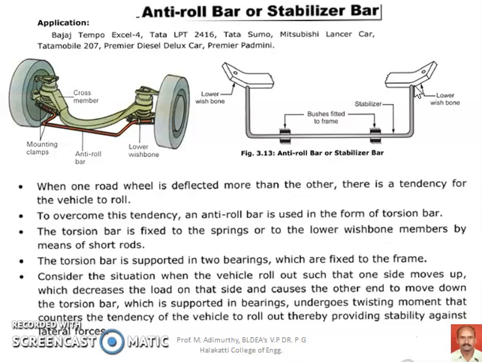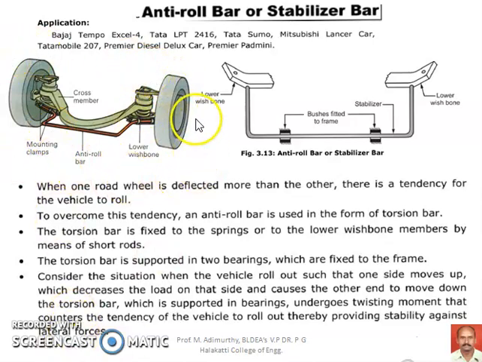The bar is supported with the help of bushes which are connected to the frame. So it is interlinking the left side and right side of the suspension system by connecting the lower wishbone arms of both sides.